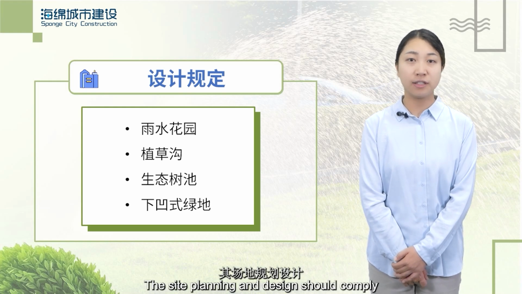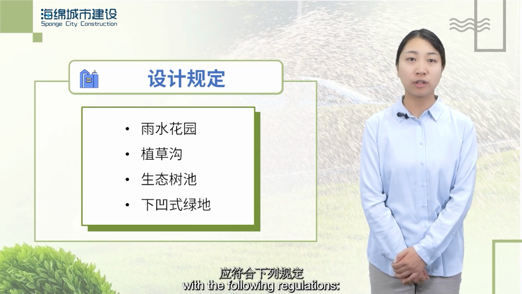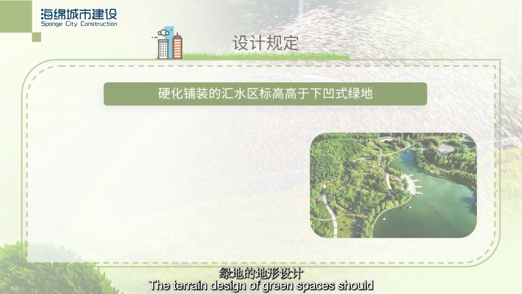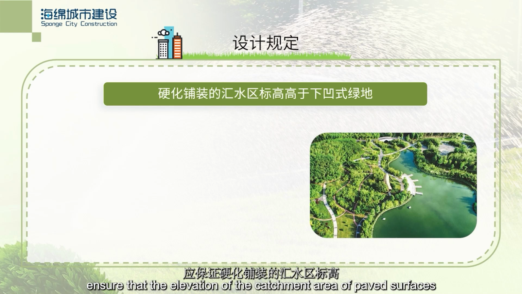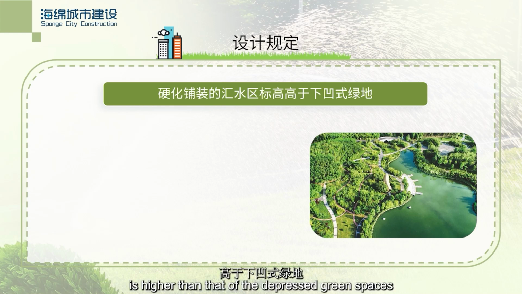The site planning and design should comply with the following regulations. The terrain design of green spaces should ensure that the elevation of the catchment area of paved surfaces is higher than that of the depressed green spaces.